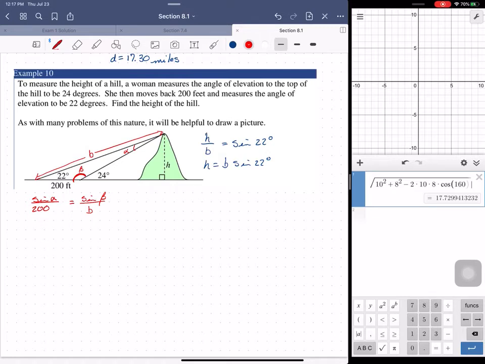Good news is I can find beta. Beta is the angle of a straight line, which is 180 minus 24 degrees. That's 156. And I'm going to label that beta.